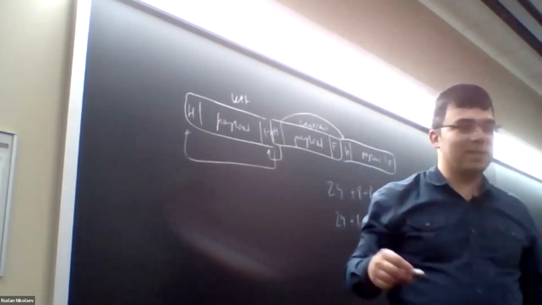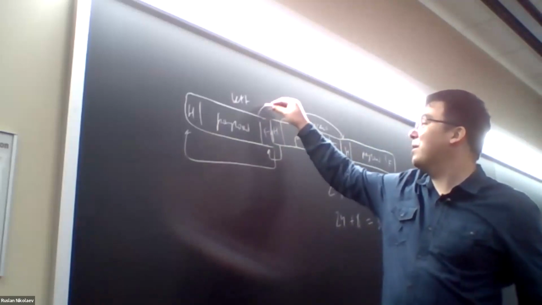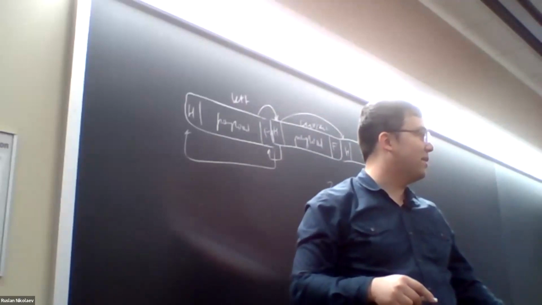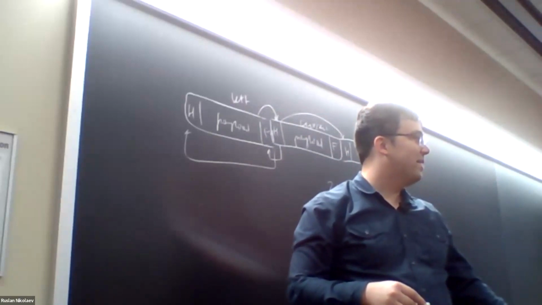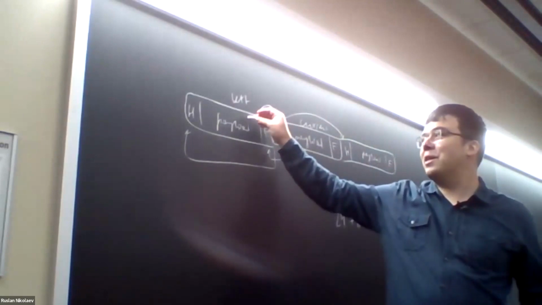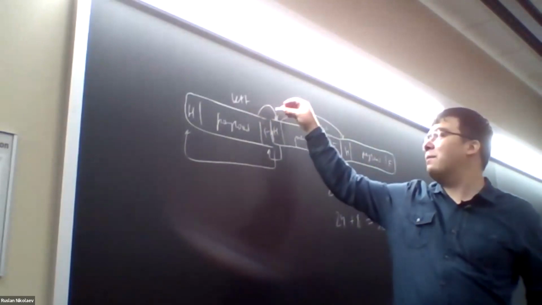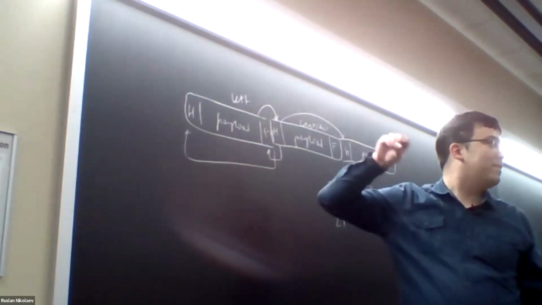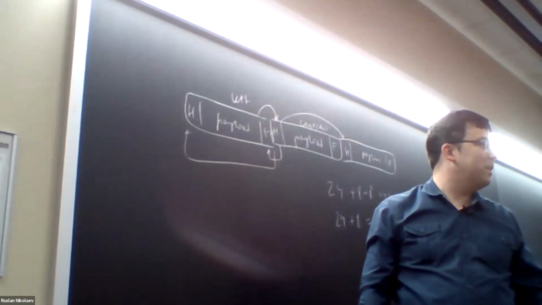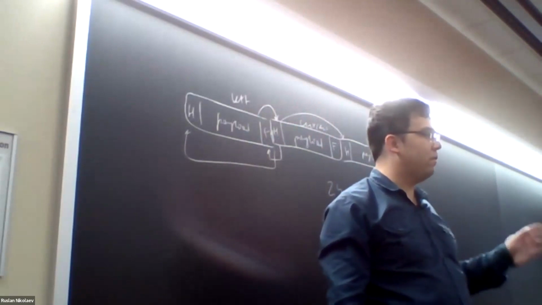So whenever this block becomes allocated, it will mark the header of the following block that it's allocated. Whenever this block's status changes, it will update the following header. Does it make sense?